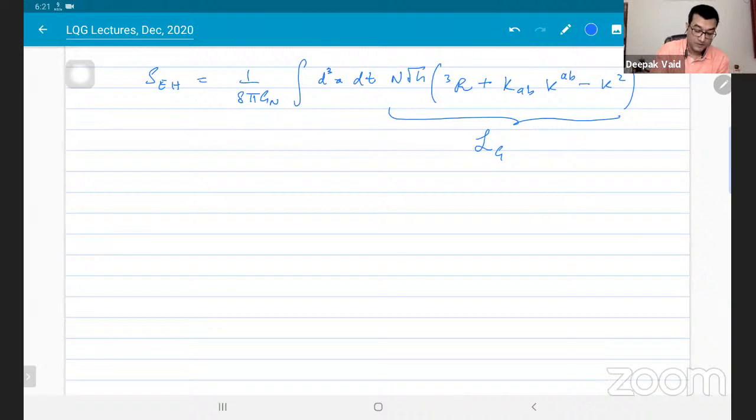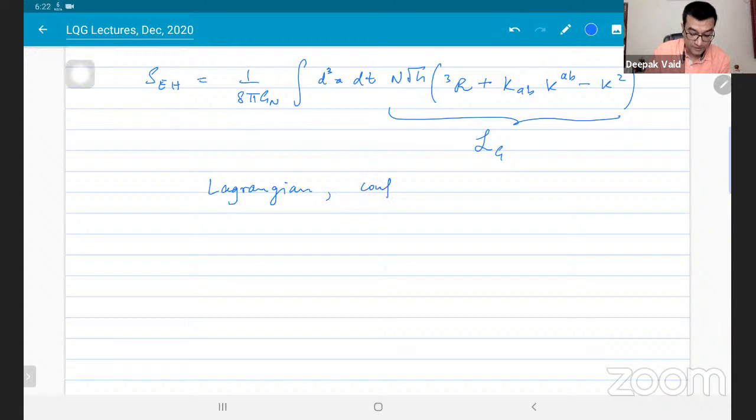Now, the next step is that you go from the Lagrangian. Once you have this Lagrangian, the next thing is we want to ask what is the configuration variable and what is the corresponding generalized momentum.